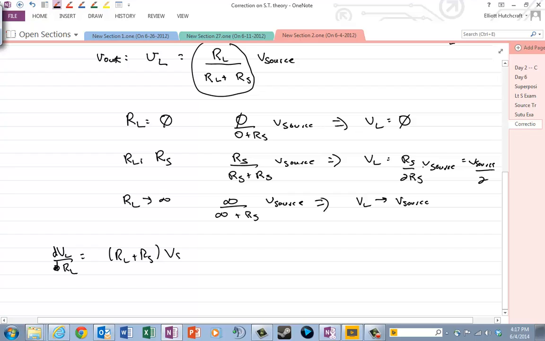I'm just calling it VS here, so I don't have to continue writing V source everywhere. Minus the top, RL times V source, times the derivative of the bottom. Well, the derivative of the bottom, RL plus RS, is just 1. So I have that over the bottom squared.